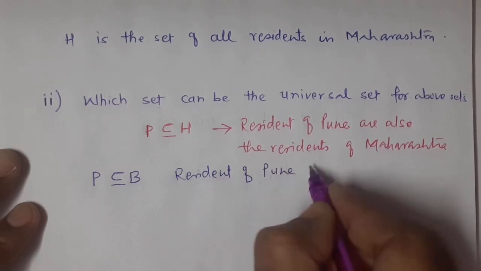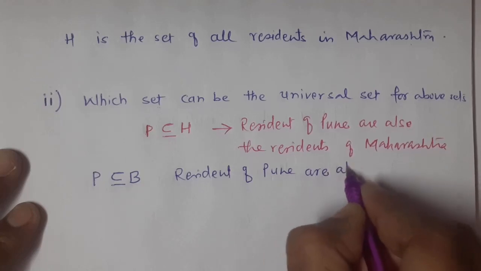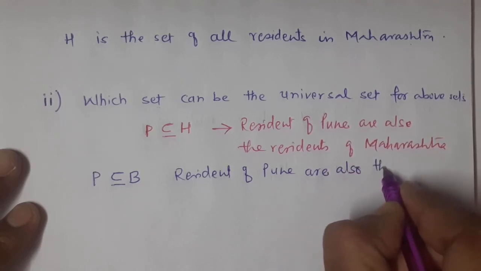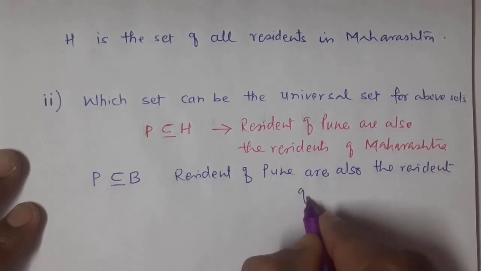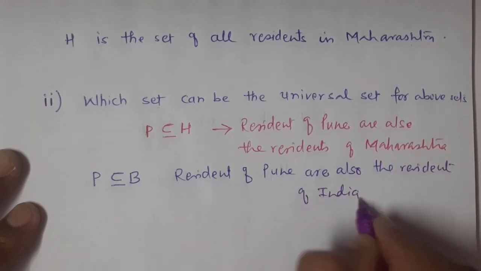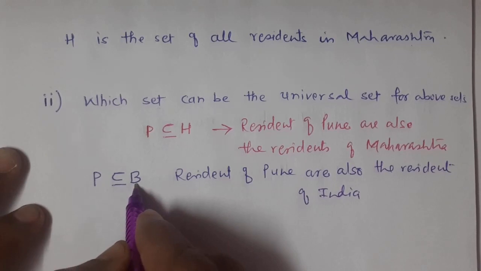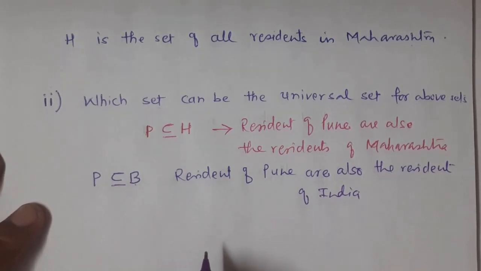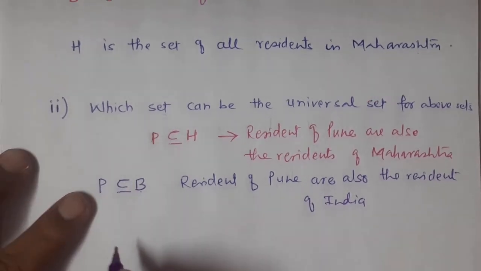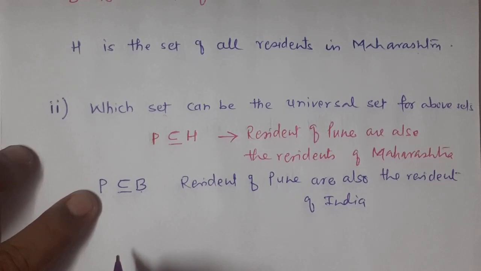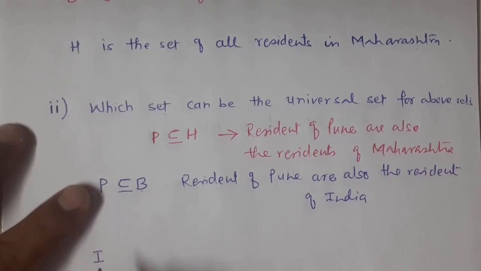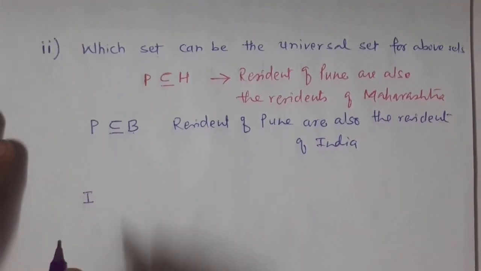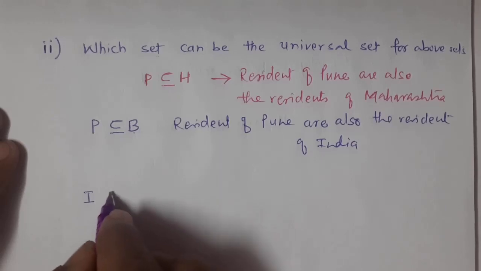That's why I can write that P is a subset of B. Then residents of Indore are also the residents of Madhya Pradesh. So I can write that I is a subset of M.